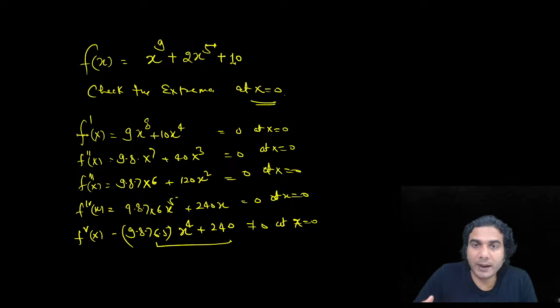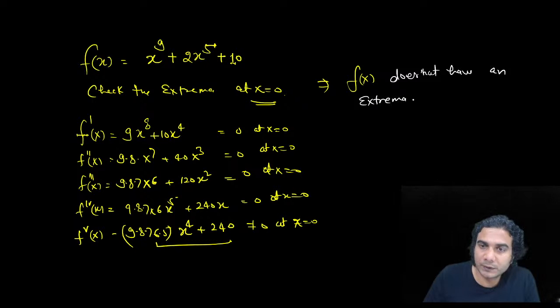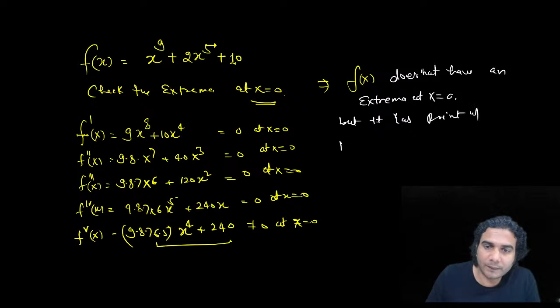So fifth, because n is odd in this case, means f(x) does not have any maxima or minima. So in this case, we can conclude that f(x) does not have an extrema at x is equal to a, but it has a point of inflection at x is equal to 0.